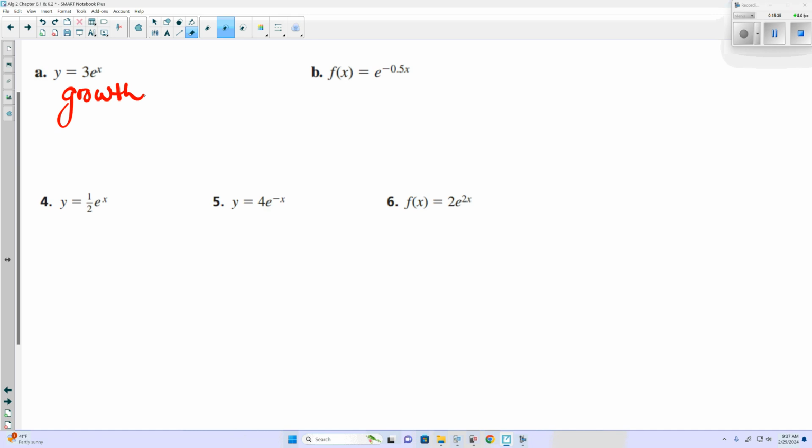Now, I'm going to do a little monkeying with this to show you why. I'm going to move the x outside. But here, e to the negative 0.5, because the exponent is negative, we're moving it from the numerator to the denominator. So really what we have here is 1 over e to the 0.5, yes?